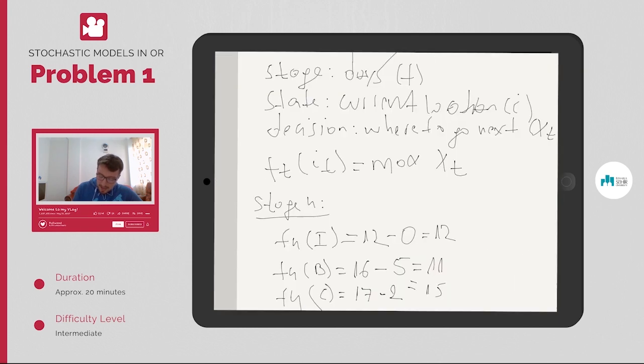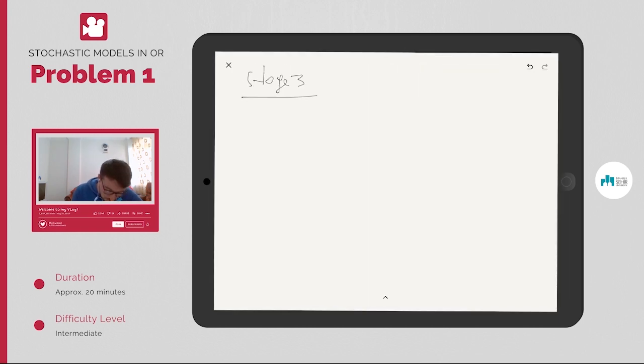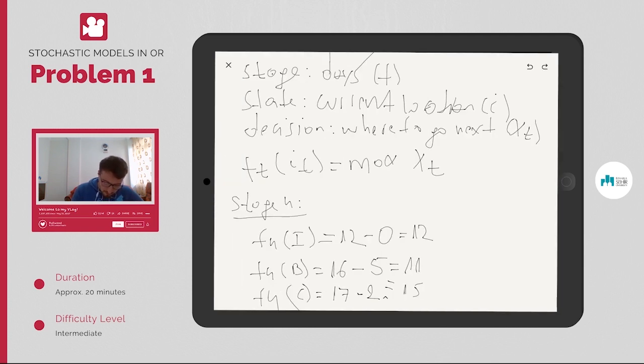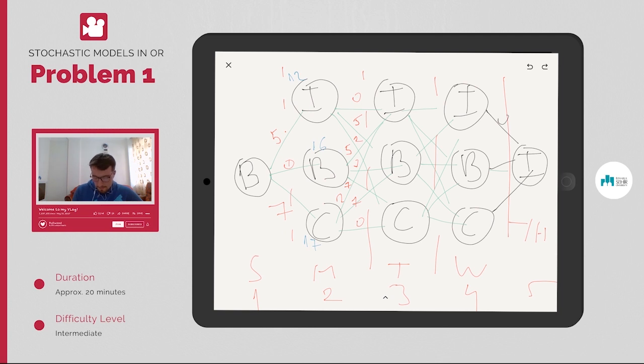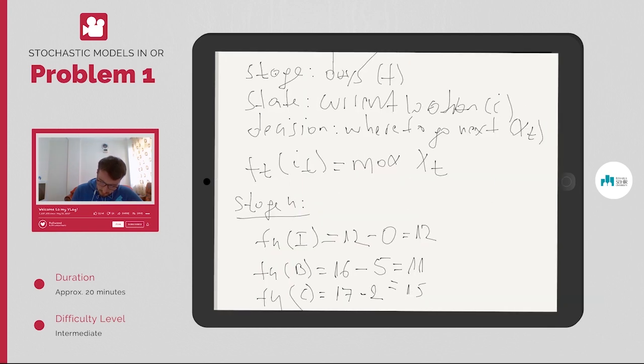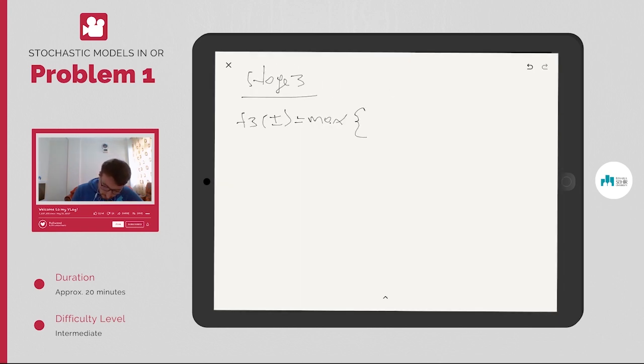Hence, I have to choose the maximum between them. So, F3 of Indiana, maximum. I'm spending a day in Indiana, that's I'm earning $12. Since I'm going to Indiana, I have cost of 0.